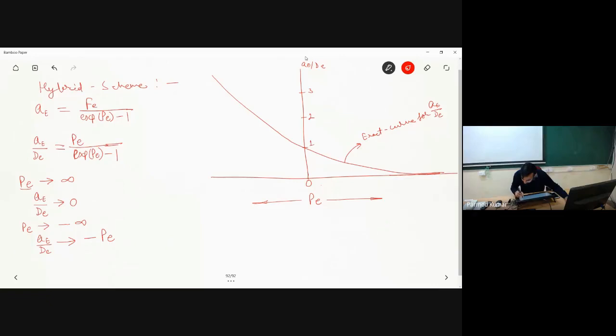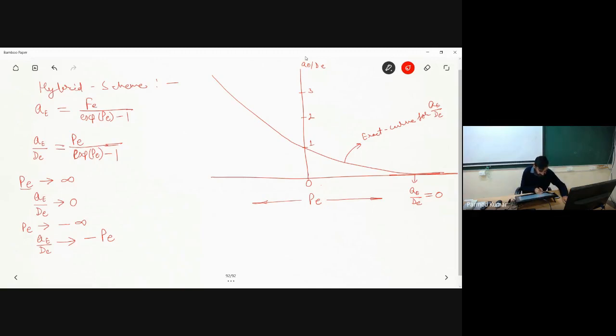This particular line I am saying is my line when AE by DE is equal to 0. Clear? So I am drawing one straight line, and that line represents the equation AE by DE equal to 0, and this will be true when our Peclet number is large.